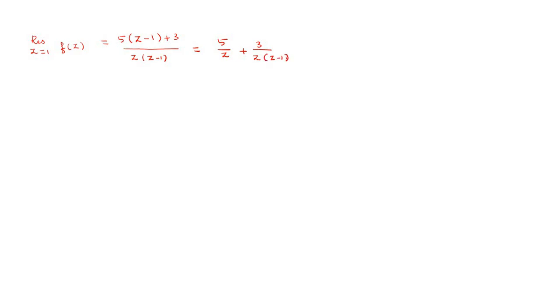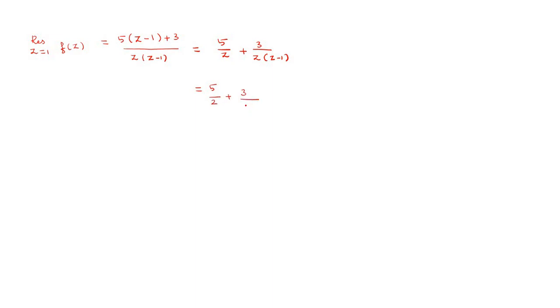So what do we need? The coefficient of 1 by (z minus 1) we need. So now we express the second term. The first one we keep as it is, the second one can be modified.